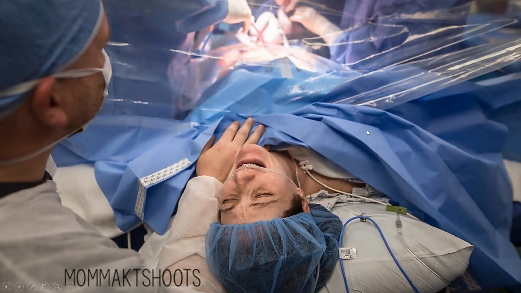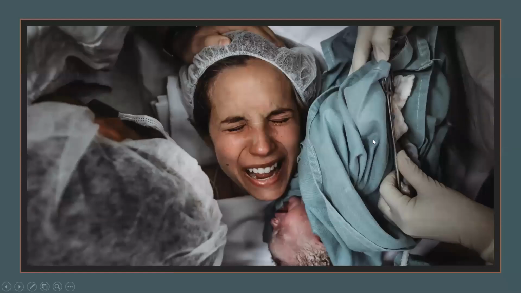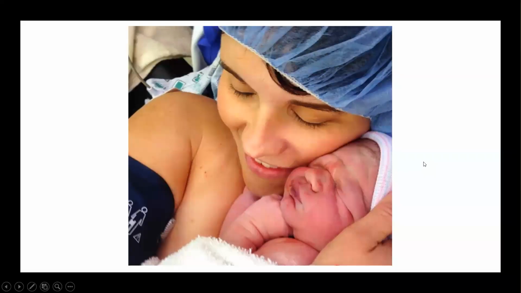These aren't being used in our local geographic area, but they are being used in some other places. And then getting that baby up close to that mom, allowing them to snuggle, allowing them to spend skin to skin time. Nurses can really make a difference in this area. Letting them spend uninterrupted time afterwards, very, very important.